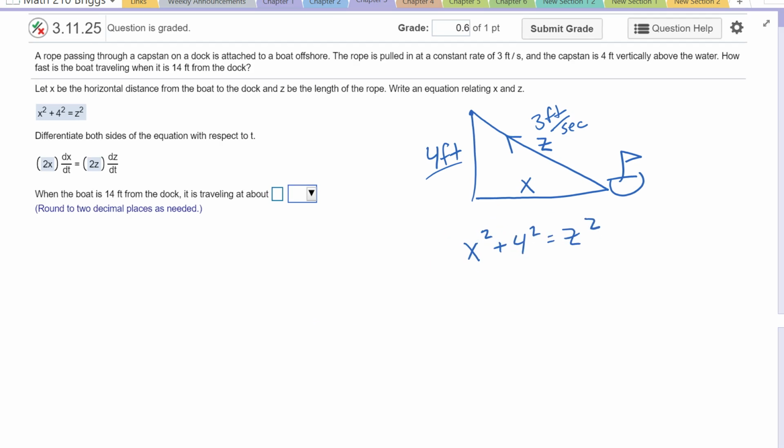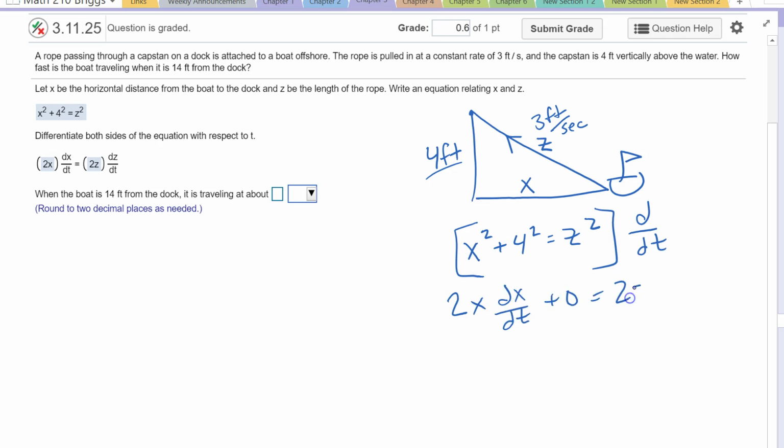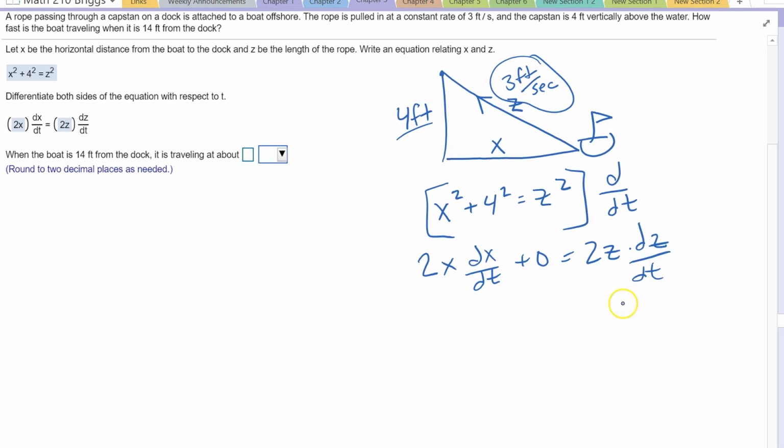Differentiating with respect to time gives 2x dx over dt plus 0 equals 2z times dz over dt, where dz over dt is given.